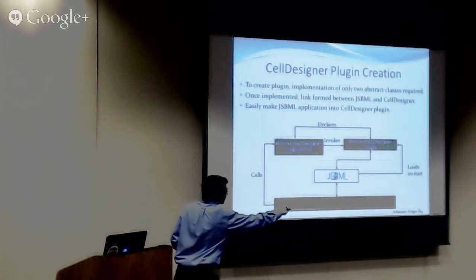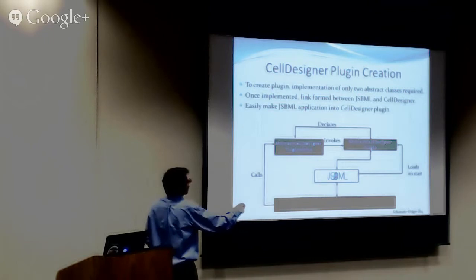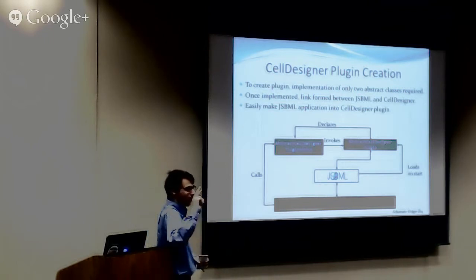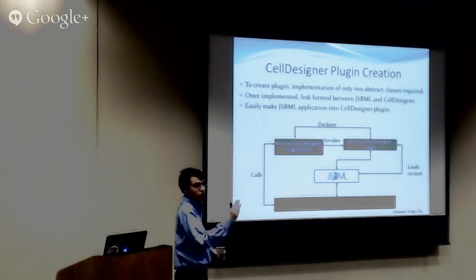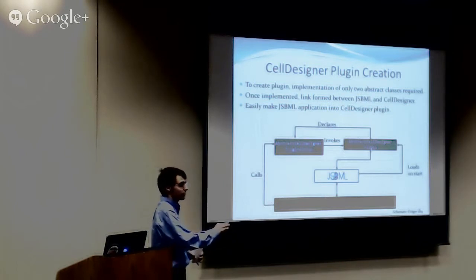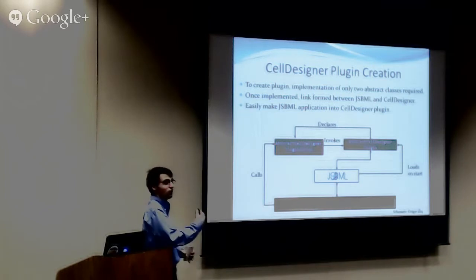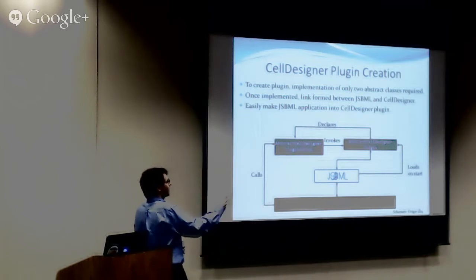One named abstract CellDesigner plugin, and the other called abstract CellDesigner plugin action. Once those two classes are implemented, a link is formed between CellDesigner and JSBML. As such, you can make any JSBML application into a CellDesigner plugin and take advantage of all of the abilities and attributes that CellDesigner has to offer.